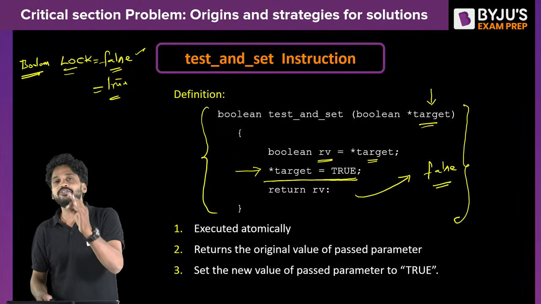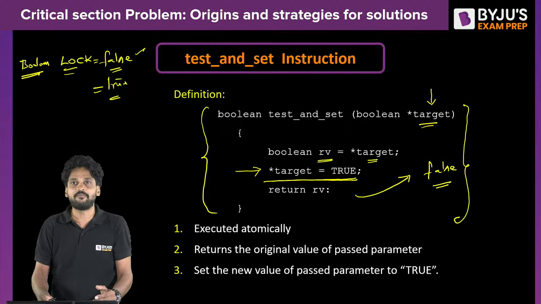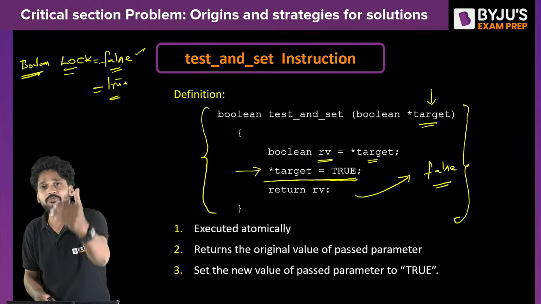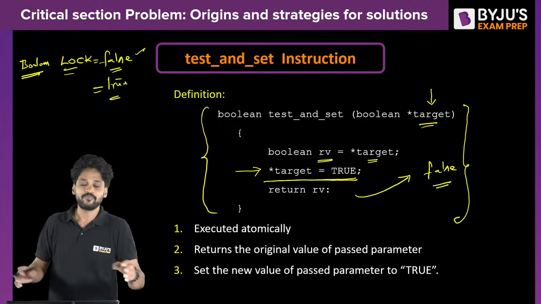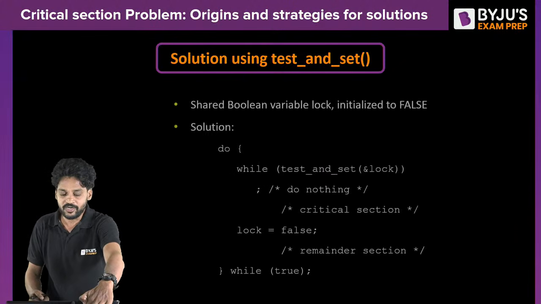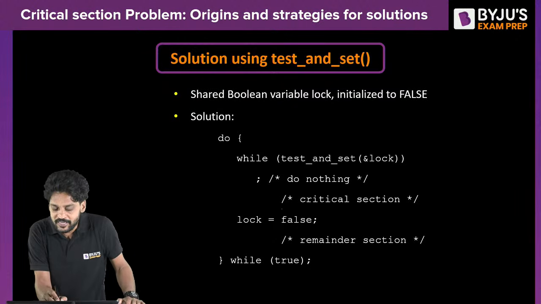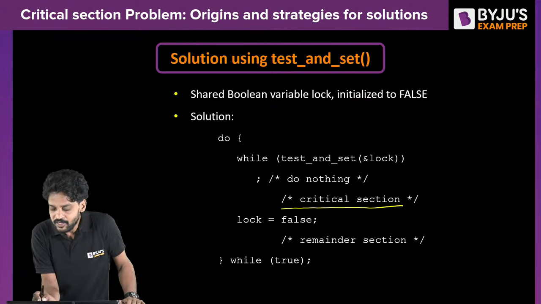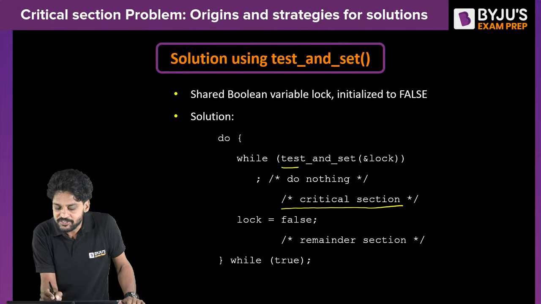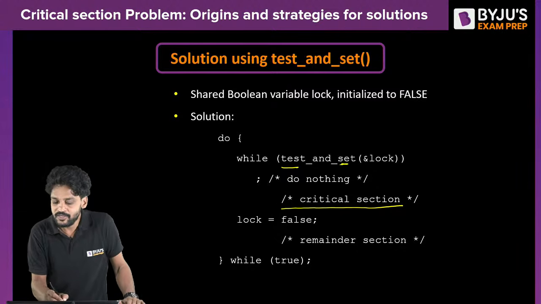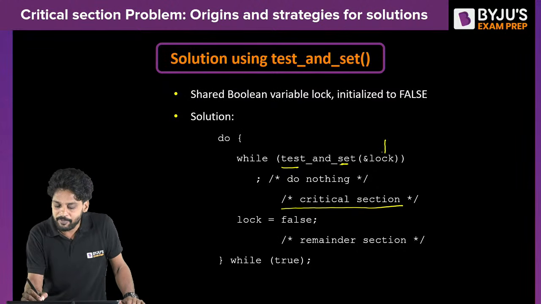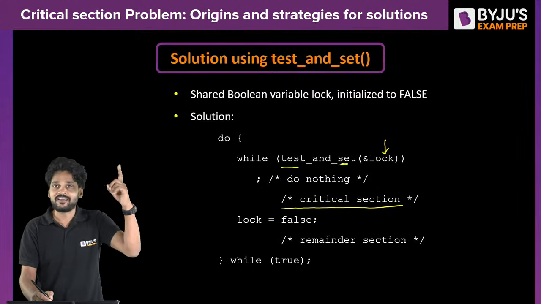If the lock value is equal to false, that means the lock is available. If the lock value is equal to true, that means the lock is not available. Okay, so to protect my critical section, I will make a call to this test and set function. Here, I will pass the lock as a parameter to the argument target.